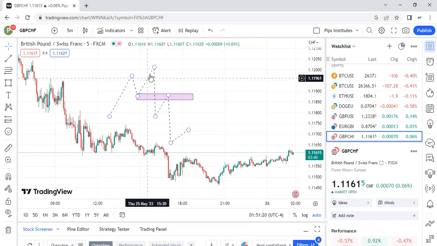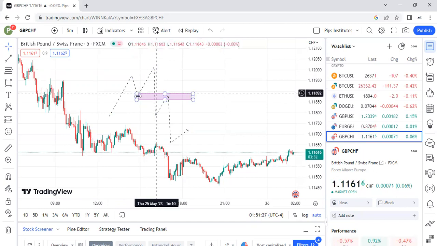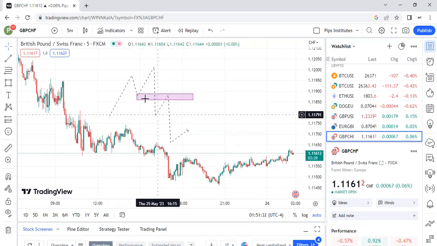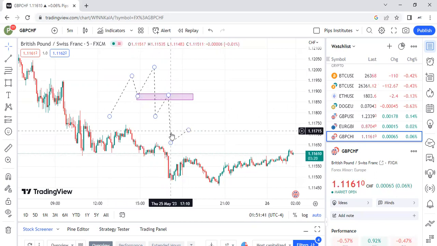We expect that as the market moved up a bit, it then came back down and broke this level. On coming down to retest this same level, which now becomes a breaker block, we expect it to retest this level, then come back down.